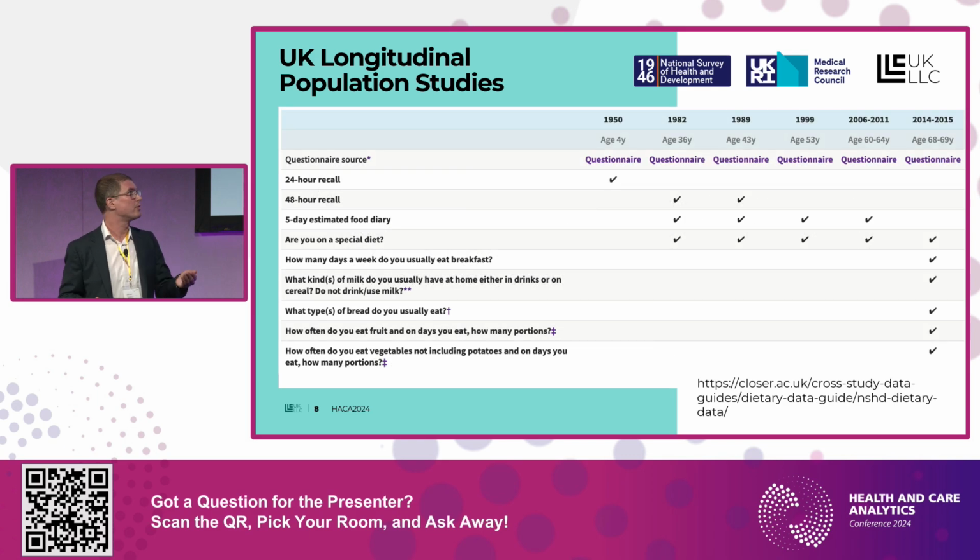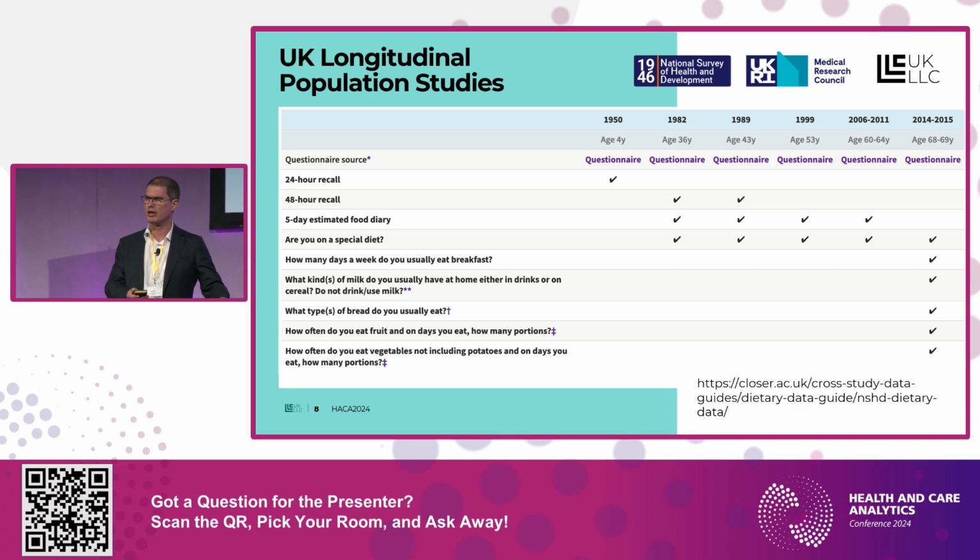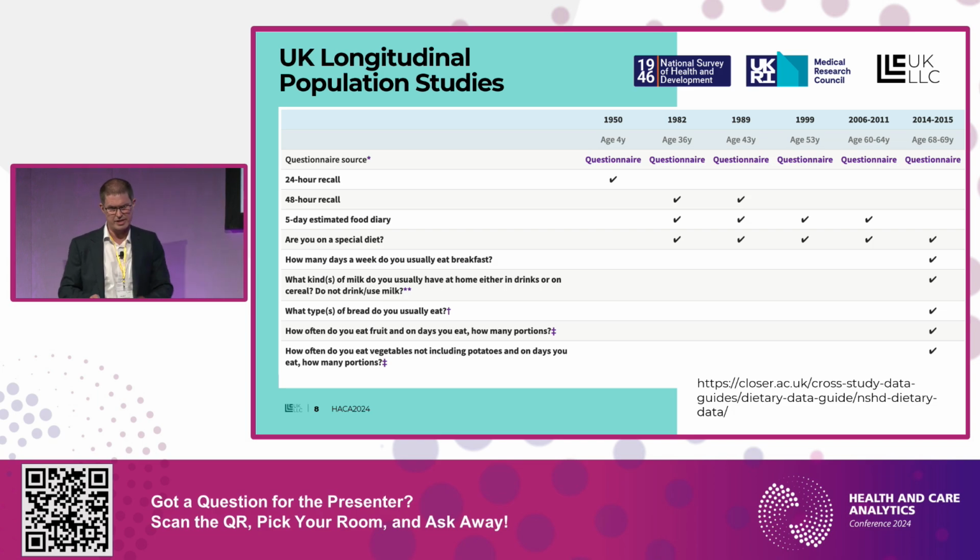And what I would like to draw on from this example is just this sense of longitudinal nature of the data and the substantial investment both from the funders and the academic community, but also the participants in providing these data over time. So this, if you look at documentation relating to cohorts, is a standard matrix of assessments down the left and then time points across the top.